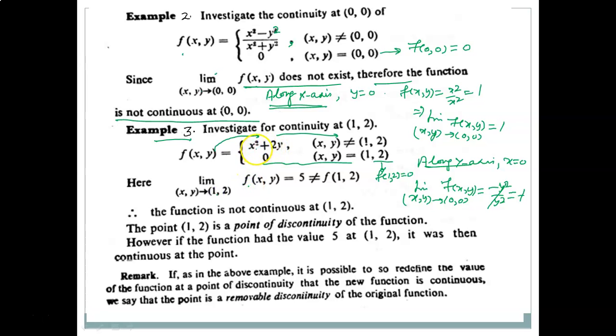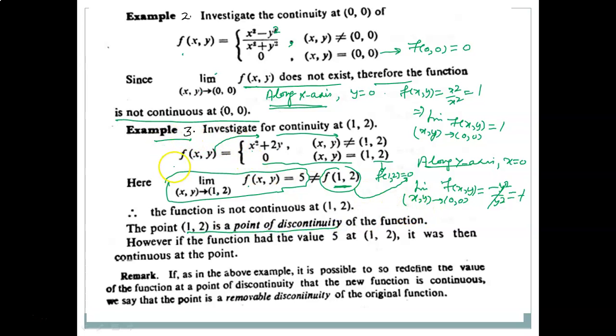You put x equal to 1 here and y equal to 2 here, we get 5. So the limit of this comes out to be 5, but this limit is not equal to f(1,2), because the value of f(1,2) is given in the statement as 0. So the limit is not equal to f(1,2), therefore the function is not continuous at (1,2). Here (1,2) is a point of discontinuity.